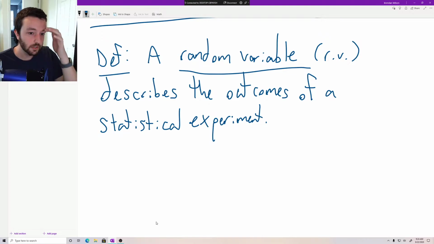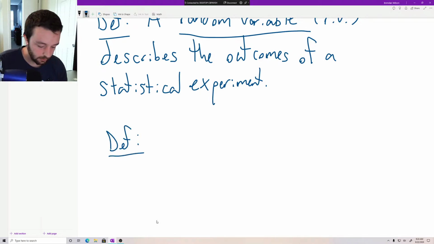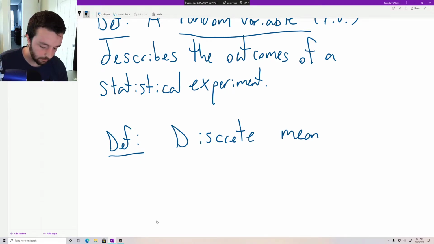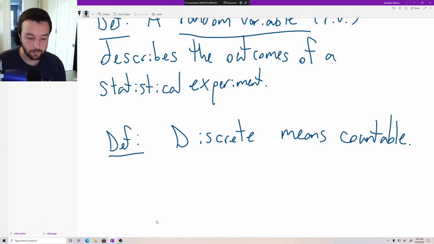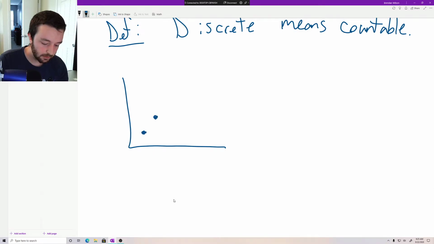The thing with continuous random variables, let me first write the definition of discrete. Discrete means countable. Okay. So we can count them. If we had a graph of a discrete random variable, it would maybe look something like this.